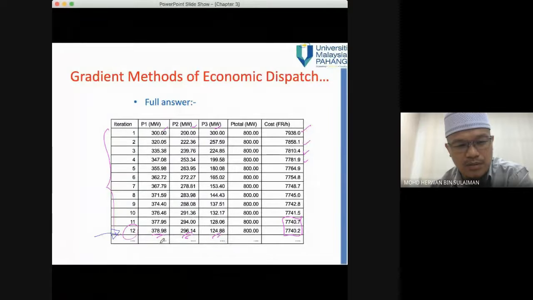Okay, you get the values 378.98, 269.14, 124.88. The sum is 800. So the value is good enough, you can use this. So this is the value, you can stop here. So 7740.2. So this is your result.